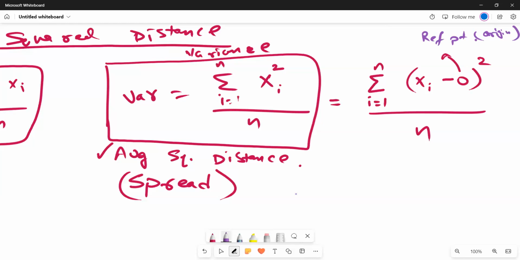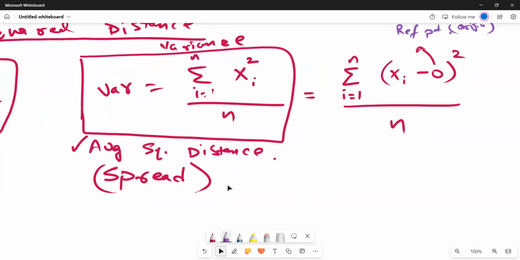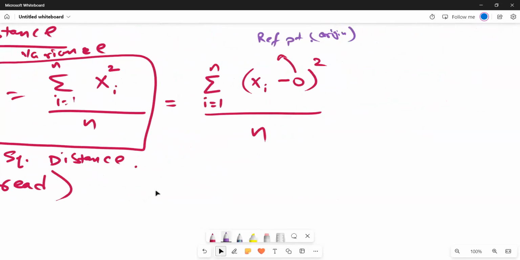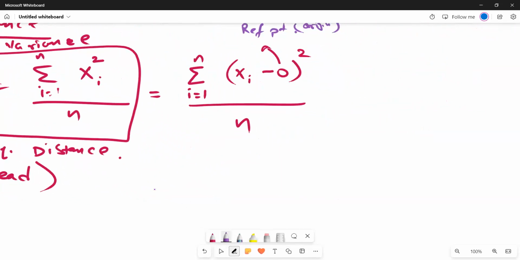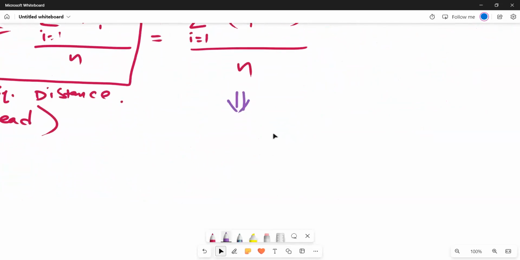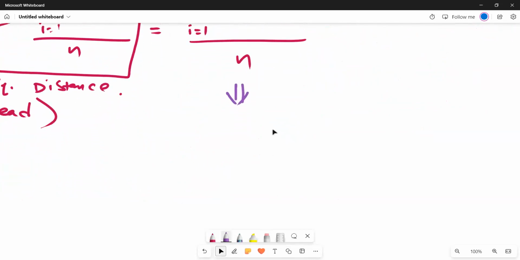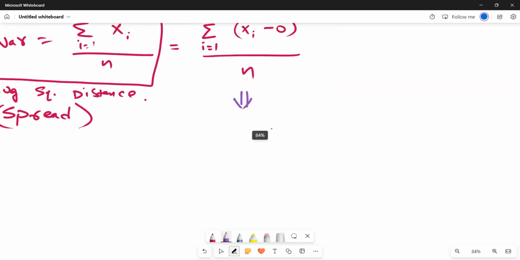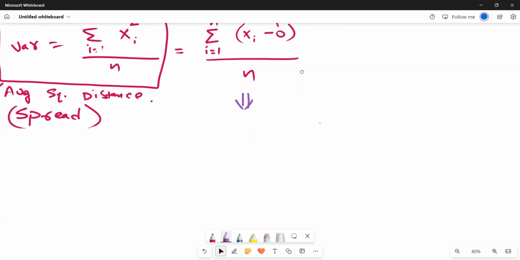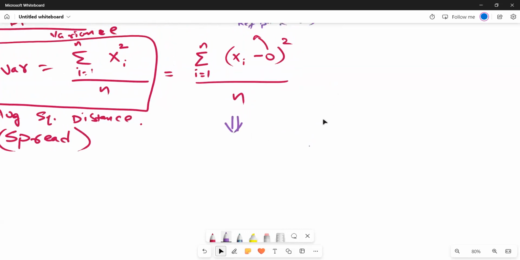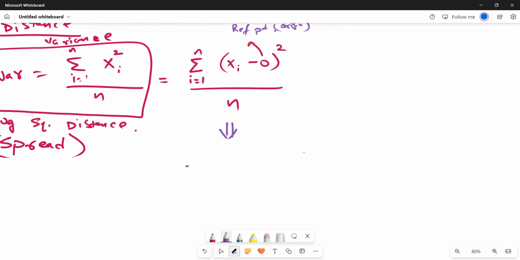Which is why we are going to make a little change in the formula itself, and this formula will be derived like this. Here this particular formula is going to change like this. Summation of i equals 1 to n will remain as it is.